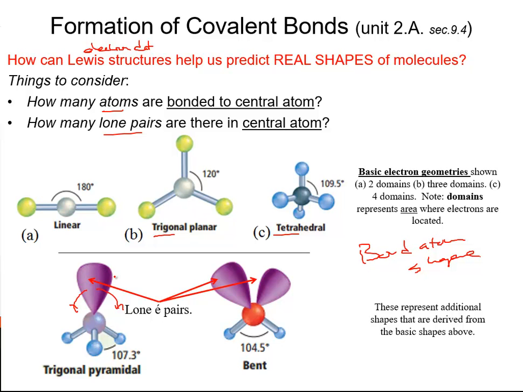And so how many lone pairs you have really dictates the shape of what your molecule is going to be and the bonded angles that occur. So these are the 5 basic shapes that you got to recognize in this class. And there's way more, and your textbook may have a lot more. But these are the basic shapes that you got to recognize. And let's go look at these in more closer detail.